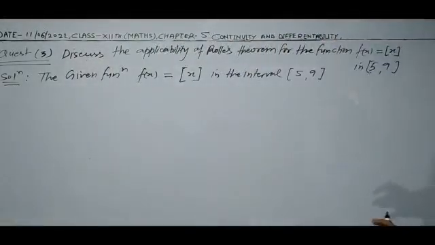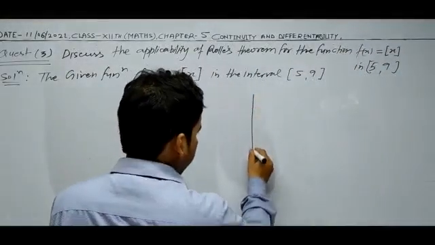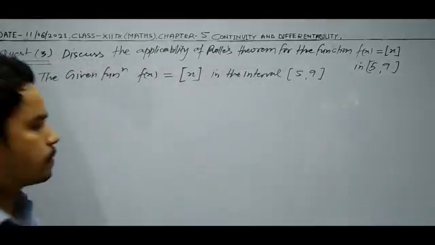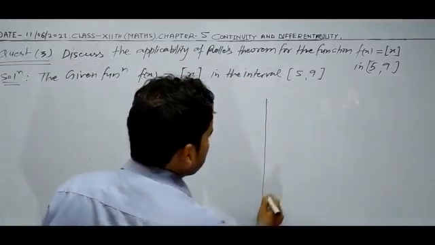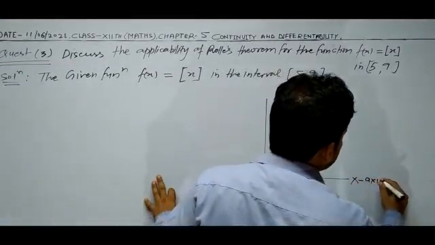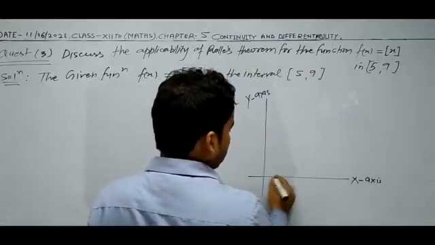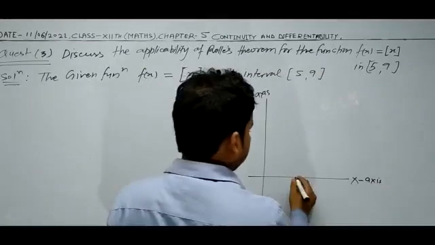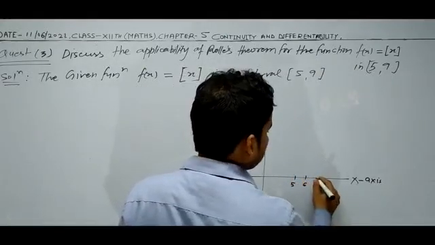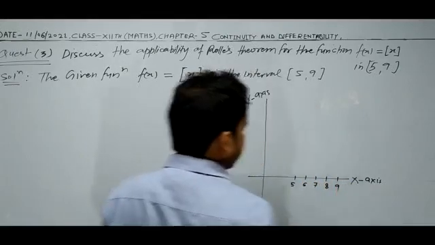See the graph. Suppose this is the x-axis, this is the y-axis. Consider 5, 6, 7, 8 and 9 on the x-axis.